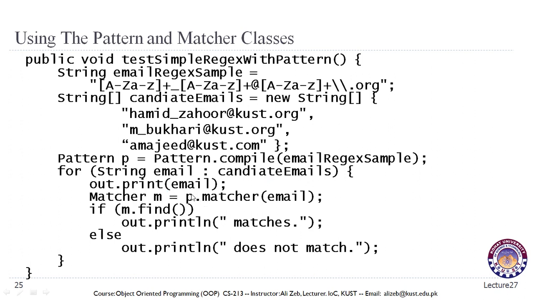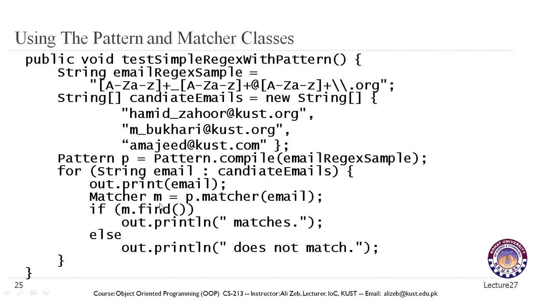Now all of the emails that are there in this array will be matched with this pattern, and if any of these are found matching, we have an object of the Matcher class. We look for those matching patterns and store them in the object of the Matcher class.